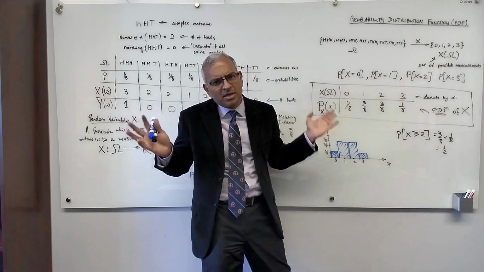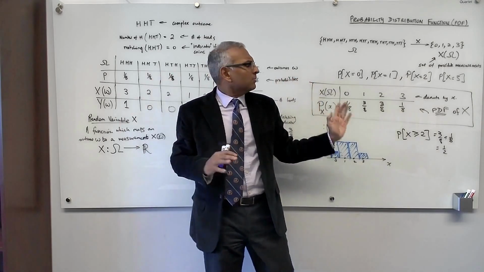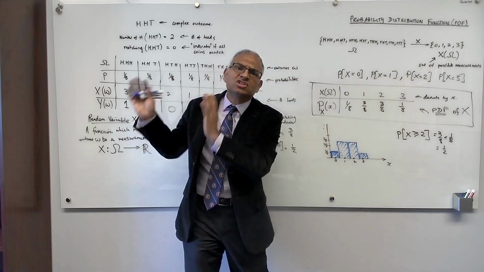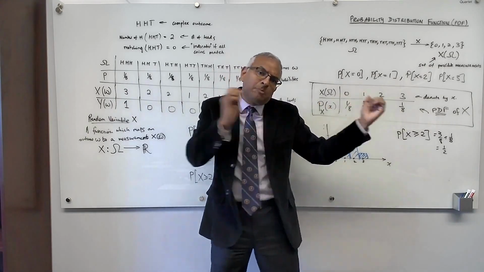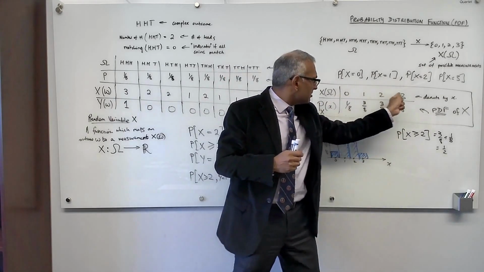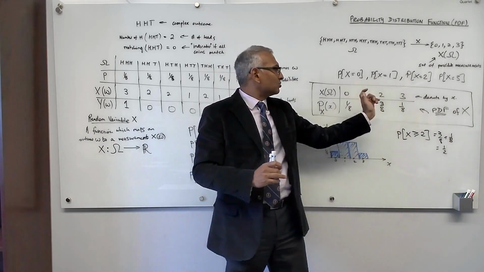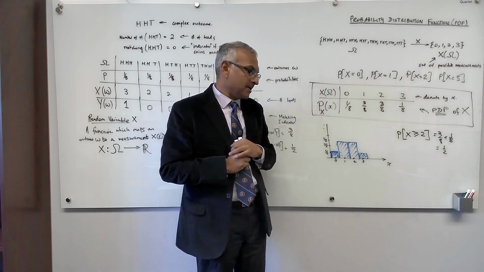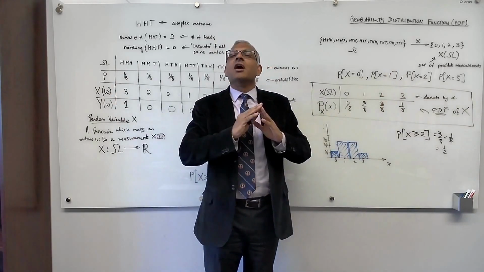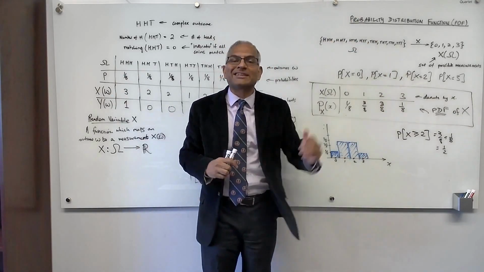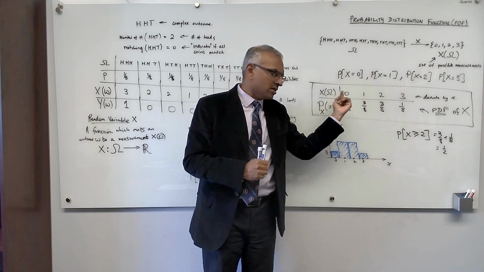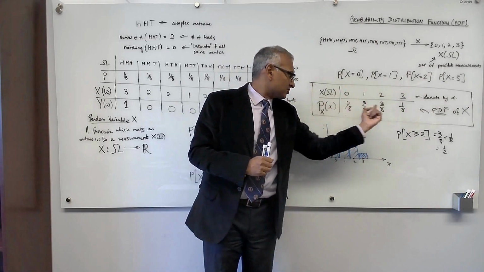That's all we care about. And typically, this is what we do. We now forget about the sample space, the original experiment and the corresponding complex outcomes, and focus on the measurements and their corresponding probabilities, and define events with respect to just measurements. And it simplifies things a lot, because we don't need to work with complex sample spaces anymore. We work with the simplified measurement space and the associated probabilities.